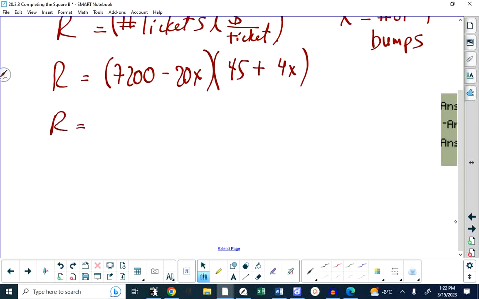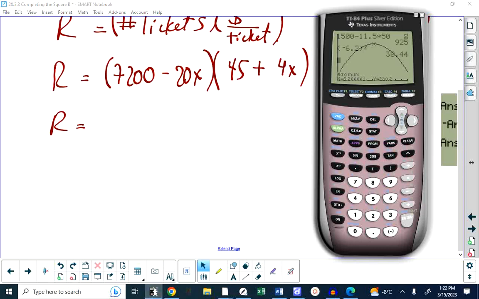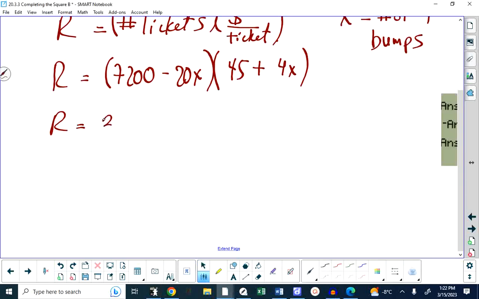R equals 7,200 times 45, 324,000. That's my first. My outer is 7,200 by 4x. Can you confirm that that's 28,800x?